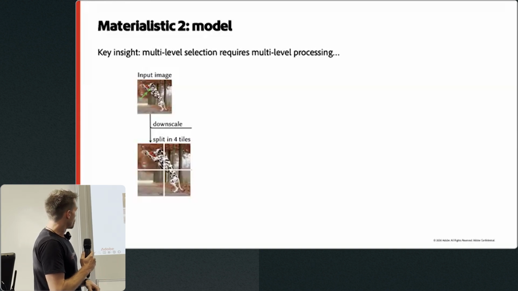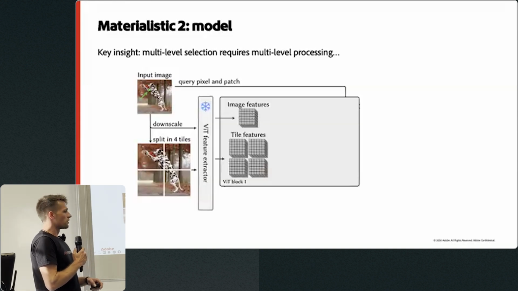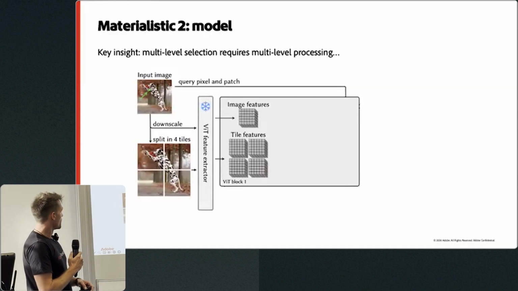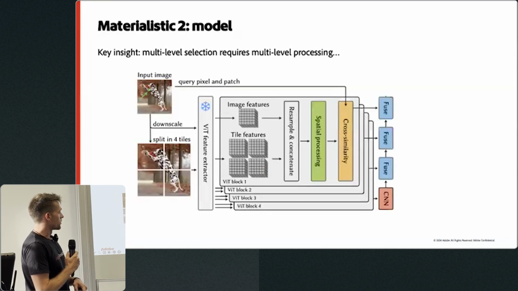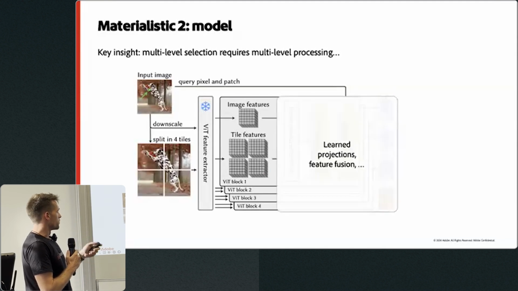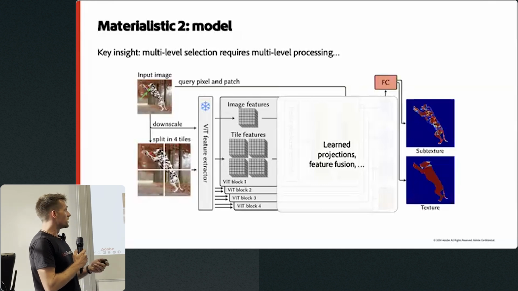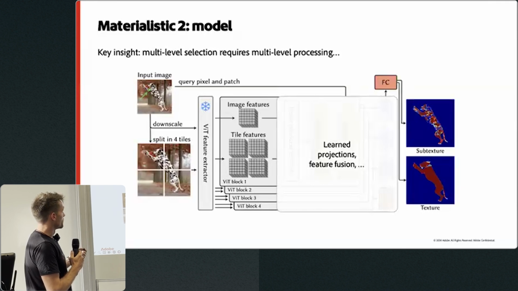And there's a cool paper from ICCV that year called S2 Wrapper, and we reuse this mechanism to reuse those features across different scales and across different ViT levels. And again, we can abstract away all this kind of stuff: learned projections, feature fusion, blah, blah, blah. The important thing is that if you do this, and if you train this thing correctly, you end up with two outputs. You get this texture output here with the spatially varying mask, and the subtexture, where you have the individual white parts of the dog selected.